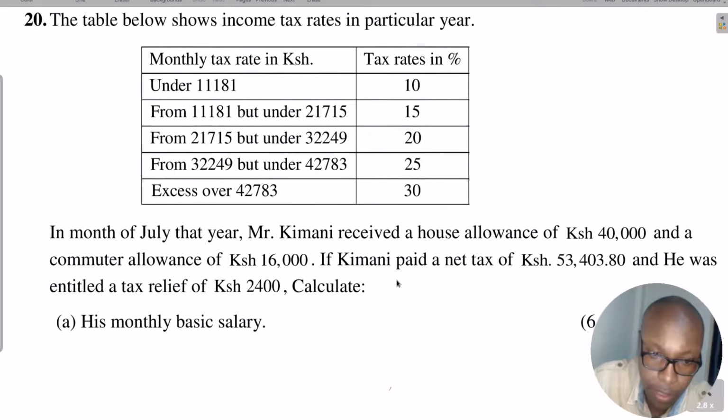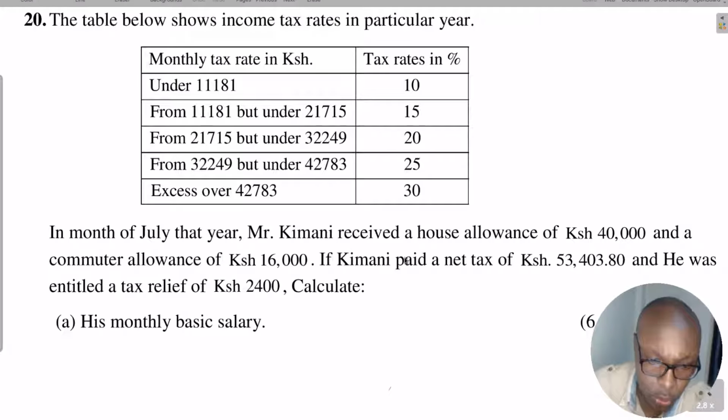Now in the first part, you're supposed to calculate his monthly basic salary. Look at what you're given. You're given some allowances: house allowance of 40,000 and commuter allowance. And then there's something very important here that you're going to use, the net tax.